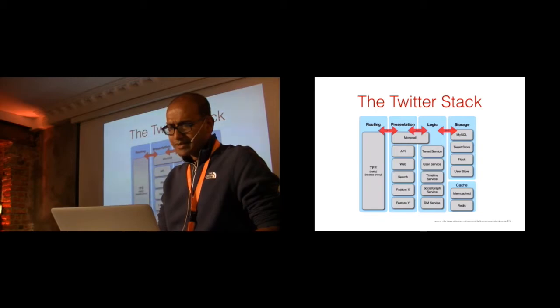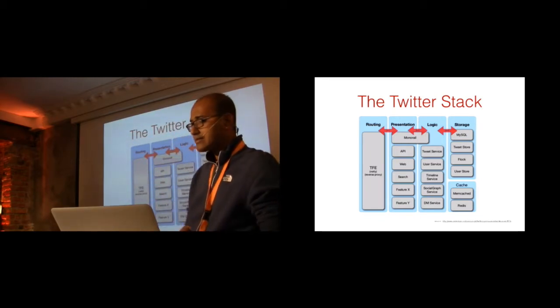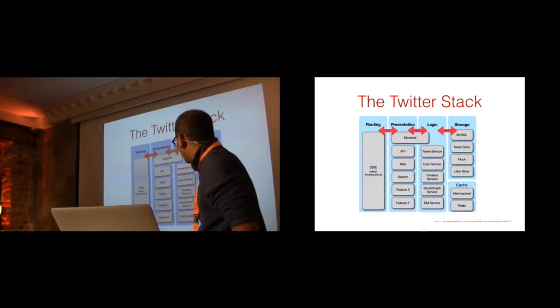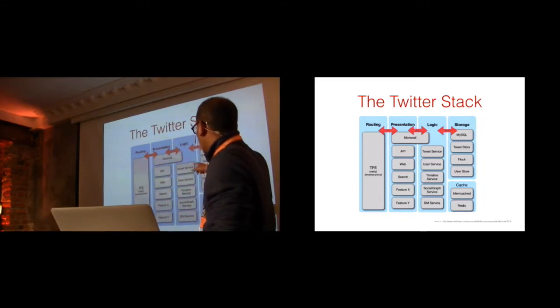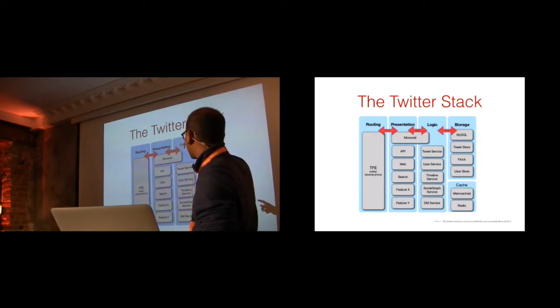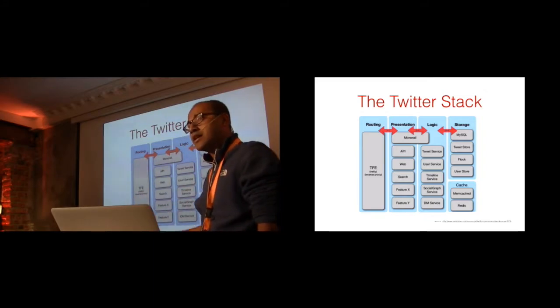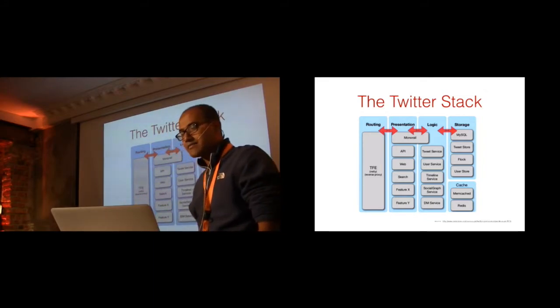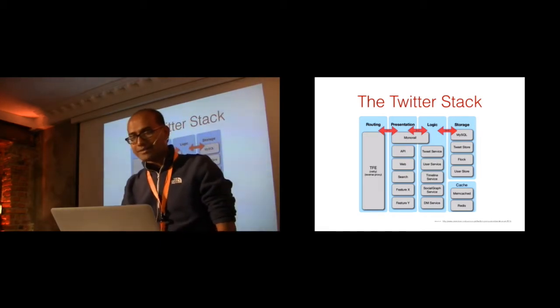One thing that is common across all the services is that each of the services touches many other services. So the web service, which is in the presentation block, would probably be touching the tweet service, the user service, the timeline service, and everything. There was a nice diagram that I couldn't find when I was making my slides.